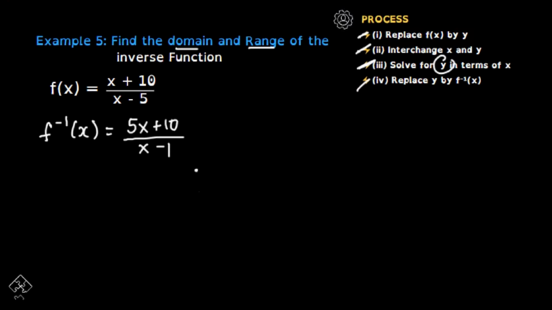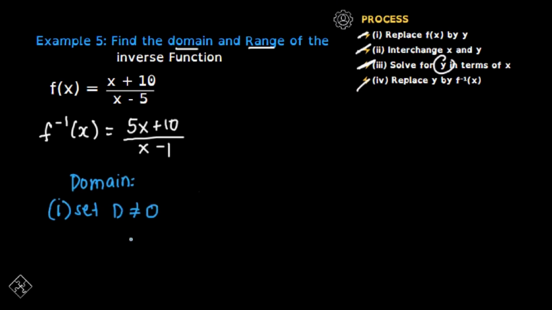So in this part, since nahanap na natin yung inverse nitong given na to, so ito yon 5x plus 10 over x minus 1, solve na natin yung domain natin dito. So in this case, ang gagamitin na natin yung inverse na. No? So let us find out the domain. There are two simple steps to find the domain, right? So first is we set the denominator not equal to 0.